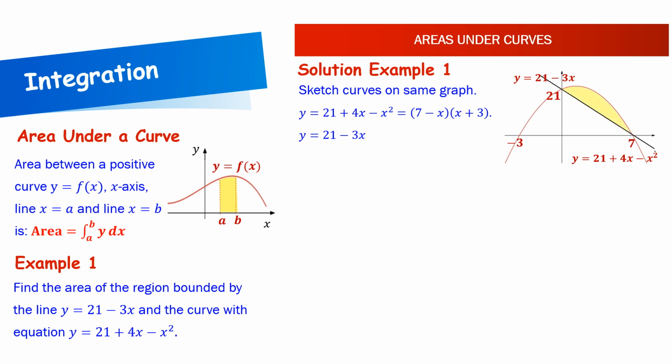The area of the region which we're looking for has been shaded in yellow, as you can see. Notice that this is equal to the region below the curve minus the region below the straight line. We're going to denote these areas as area 1 and area 2 respectively.